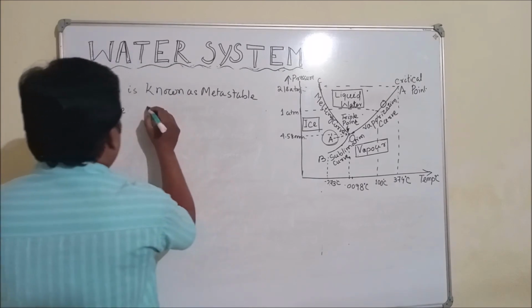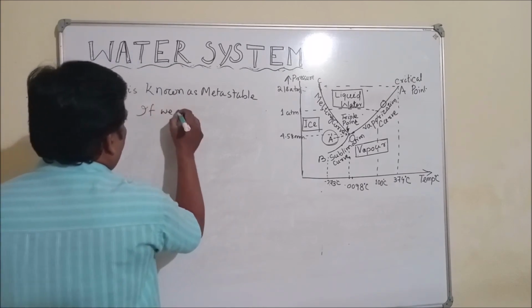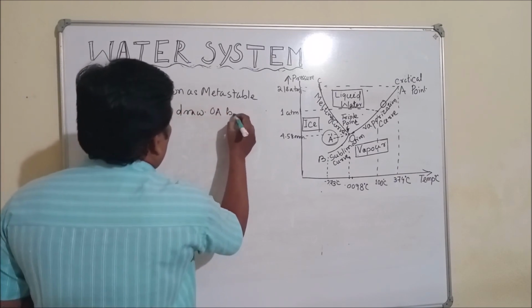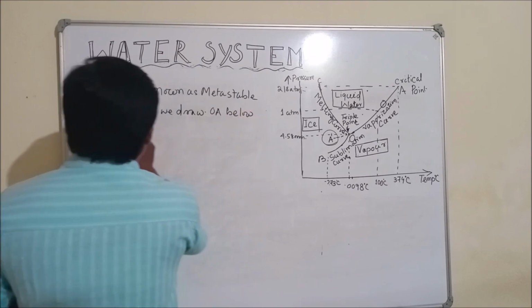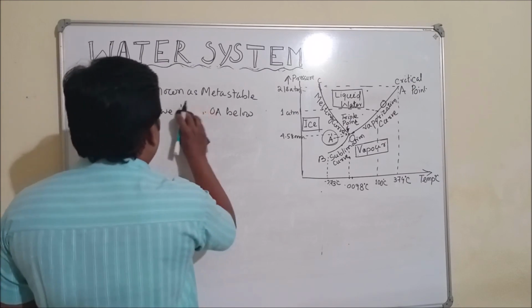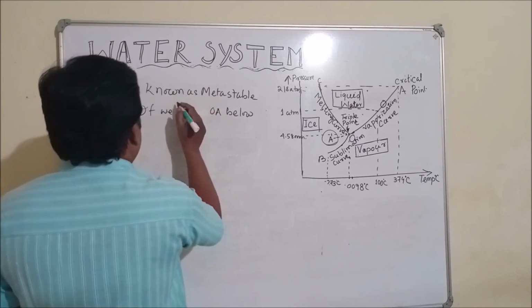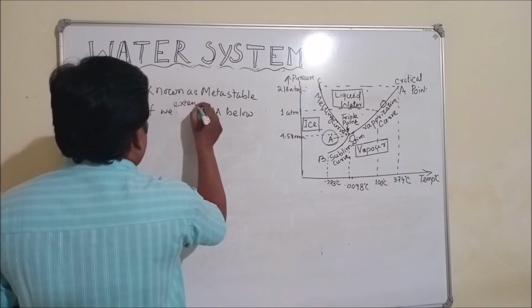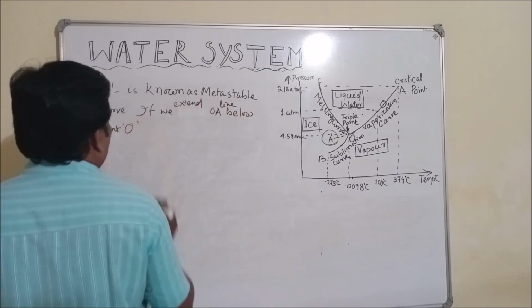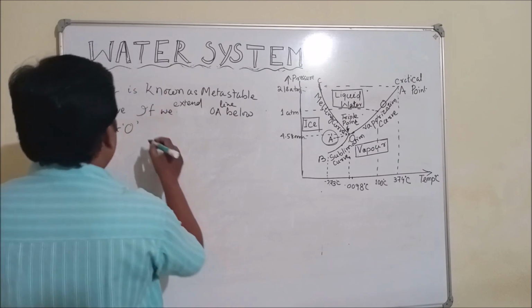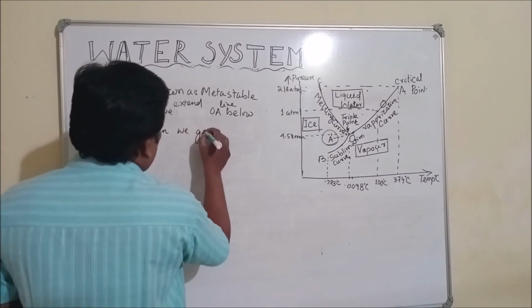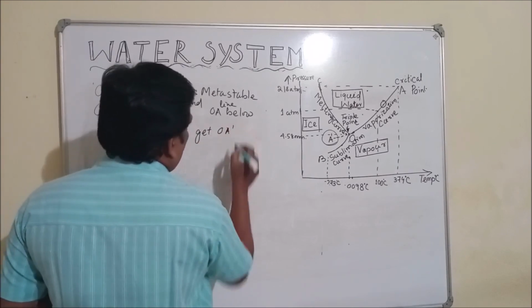Now if we extend the OA line below point O, triple point O, then we get OA dash.